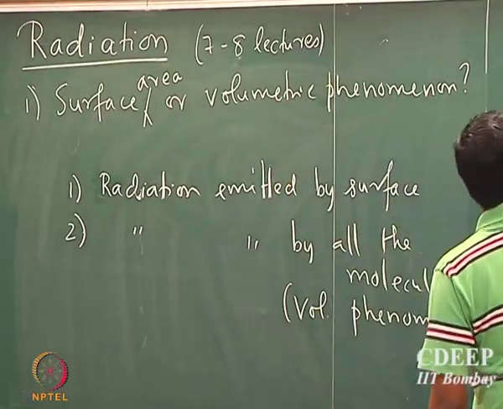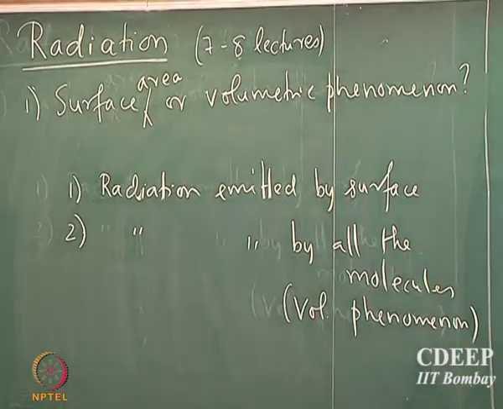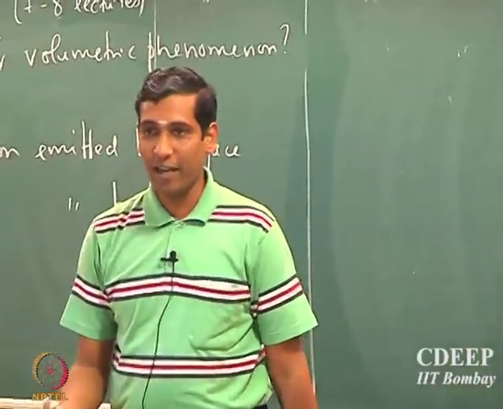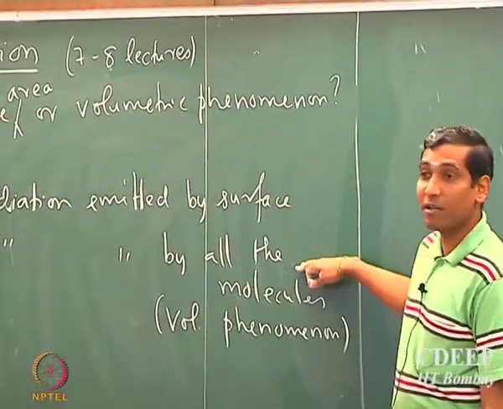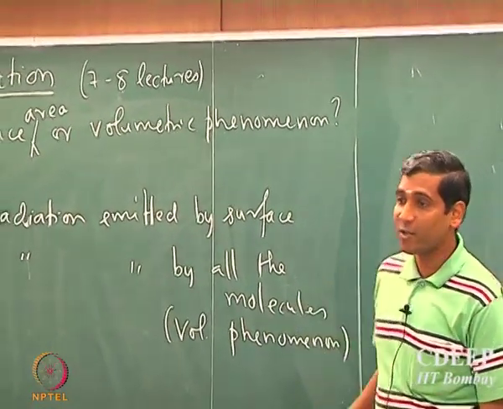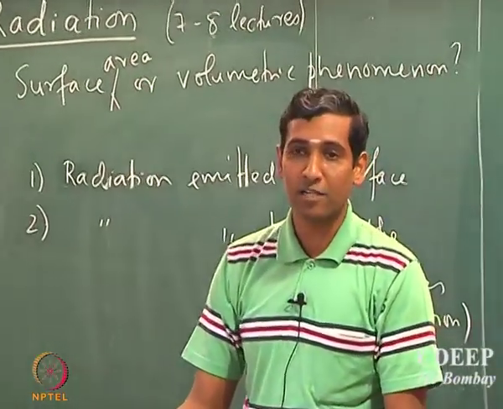You would not intuit as to why both are right, so that's what we are going to explain in the next few minutes. In fact, for any material that you take, the second suggestion is always right. The radiation is emitted by all the molecules present in the matter that you are considering.